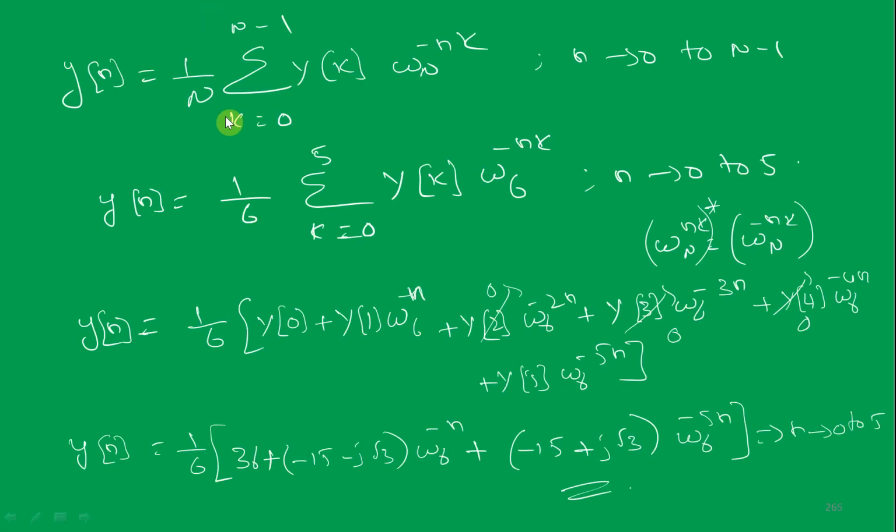Substitute n = 0 here. What is y of 0? y of 0 is 1 by 6 times 36, plus (−15 − j√3) times W6 power 0, anything power 0 is 1, plus (−15 + j√3) times W6 power 0, that is 1.